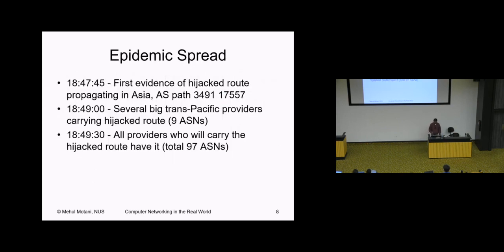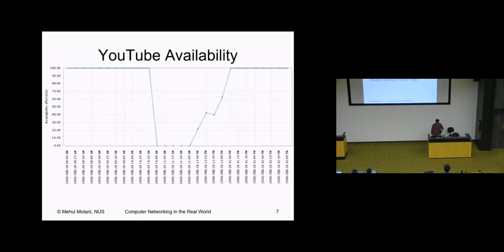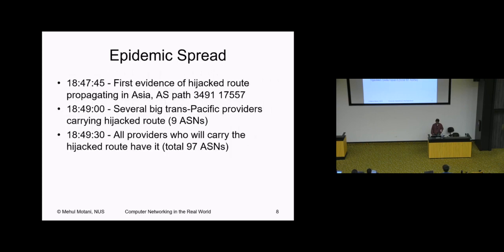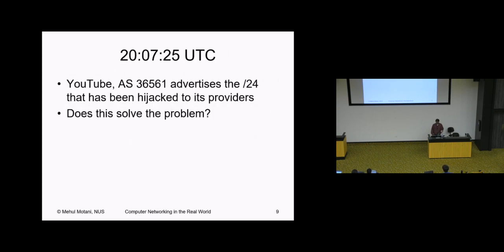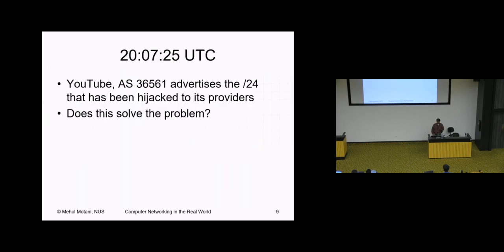So this is just showing you some of the timeline. This happened at 18:47. Around 2 hours later, YouTube decides to advertise its own /24 prefix. Did this solve the problem? No. Why? Because this is /24, so is this. The reason it wanted to do a /24 is that it wants to cover as much of its space as possible.